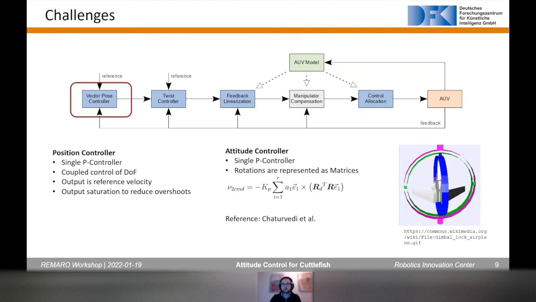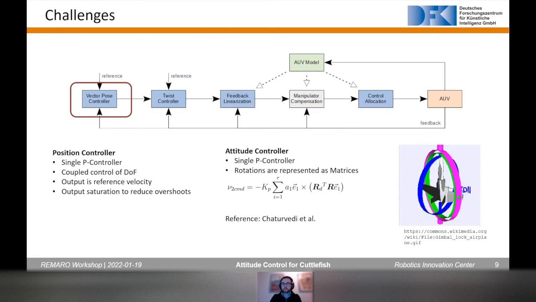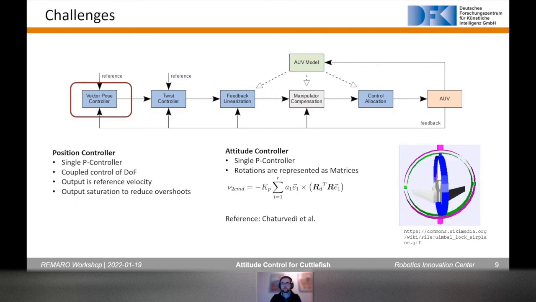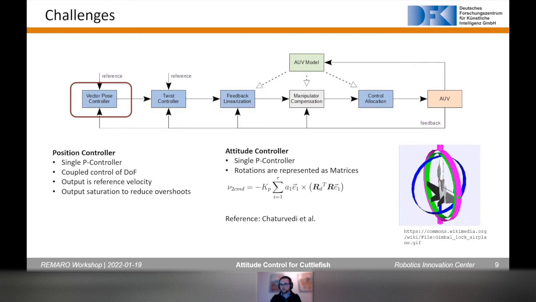On the attitude controller it was a bit more challenging, because here we have the problem of gimbal lock to take care of, since we can orient the vehicle in any orientation we like. That means that we cannot use a simple Euler angle approach where we just have one variable for each rotation.